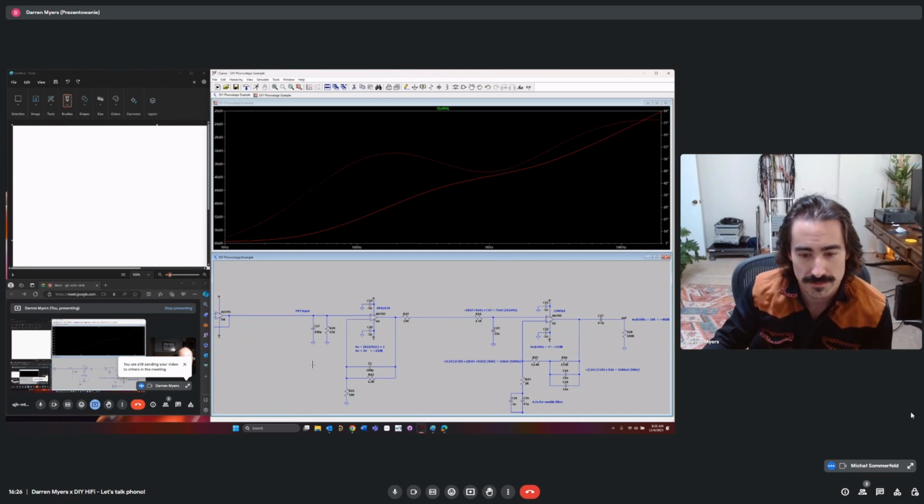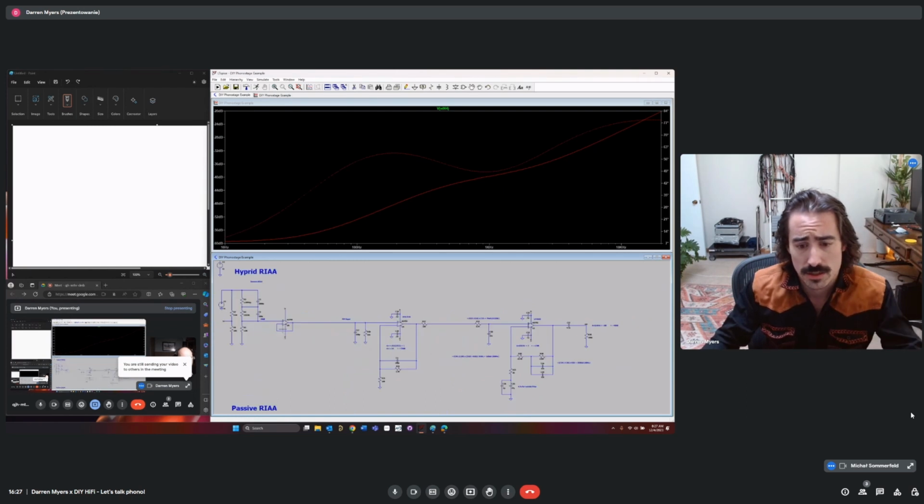For anybody who's familiar with MM phono stages, it's very common for them to be loaded at roughly 47K and 100 pF, maybe sometimes 120 pF. It's important to remember that the cable capacitance is also factored into this.